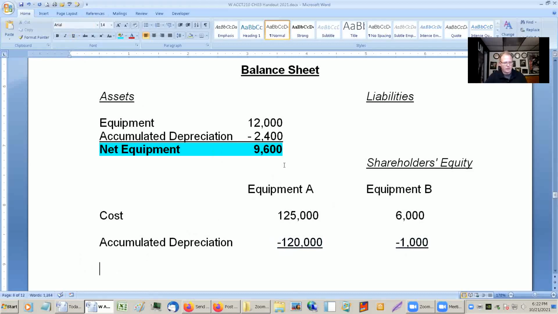Okay, so down here we'd have what they call the book value, or carry value, same thing. And you'll notice that for both of these, it's $5,000.